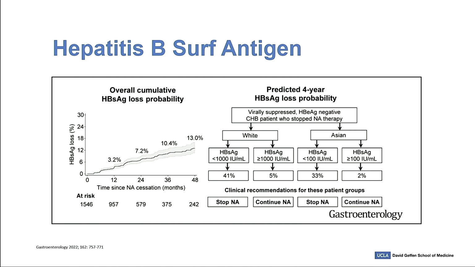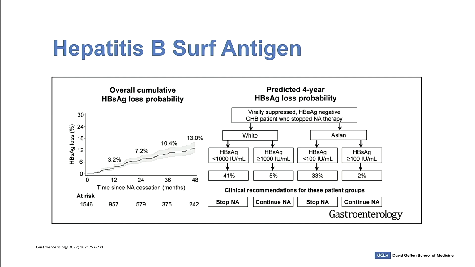Patients were primarily chronic Hep B patients with E antigen negative status, with well-suppressed DNA levels and normal ALT levels, and their nukes were withdrawn. These patients were not on pegylated interferon. On withdrawal of nukes, their cumulative incidence of losing their surface antigen at 1 year was around 3%, and at 48 months, so about 4 years, was around 13%.